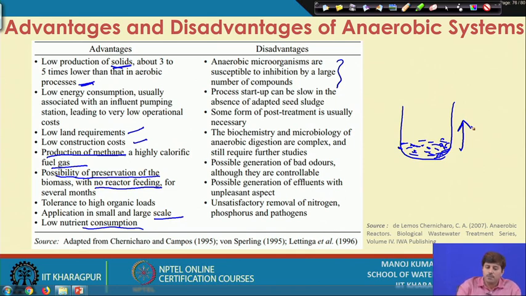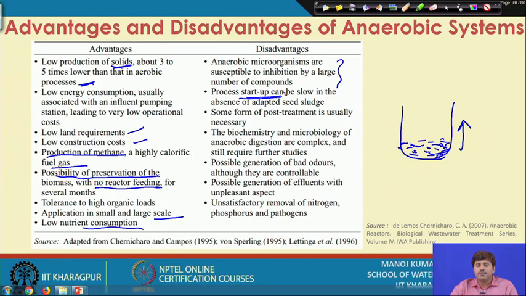So there is a possibility of high startup time if it is not started up with acclimatized sludge, but this can be dealt with if we bring in acclimatized sludge, or start with sludge which is already adapted to such conditions or to such waste. Then the startup process could be quite rapid and we can actually achieve that within a few days.